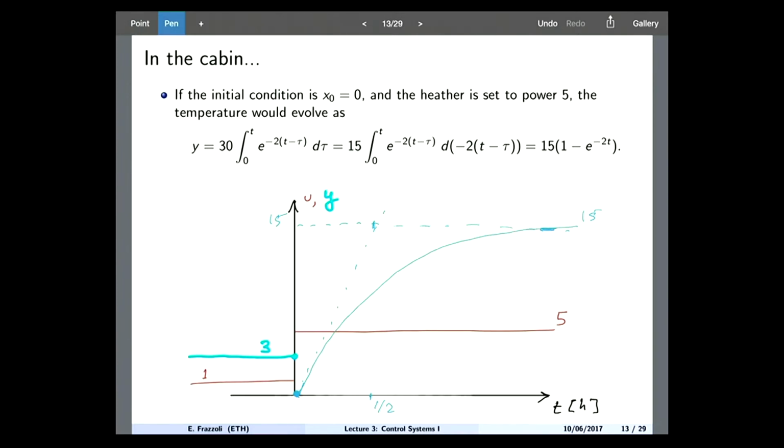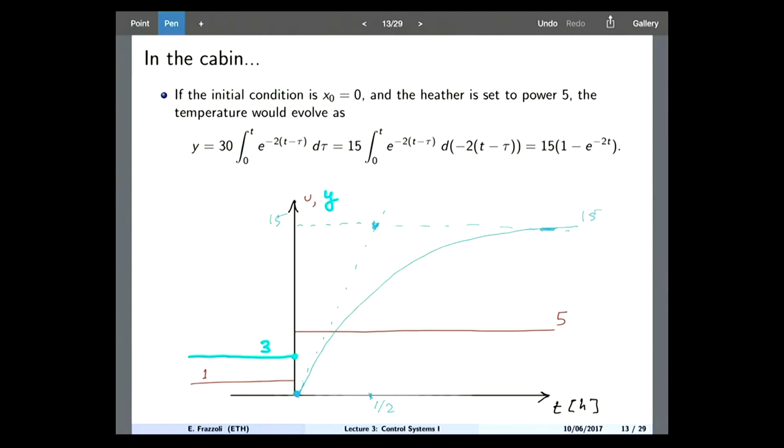We'll eventually go to 15 degrees, that's my steady state condition. And initially it will rise more steeply, and in particular, the tangent will be given by the straight line that intersects the steady state value at the point given by the time constant, which is 1/2. Okay?